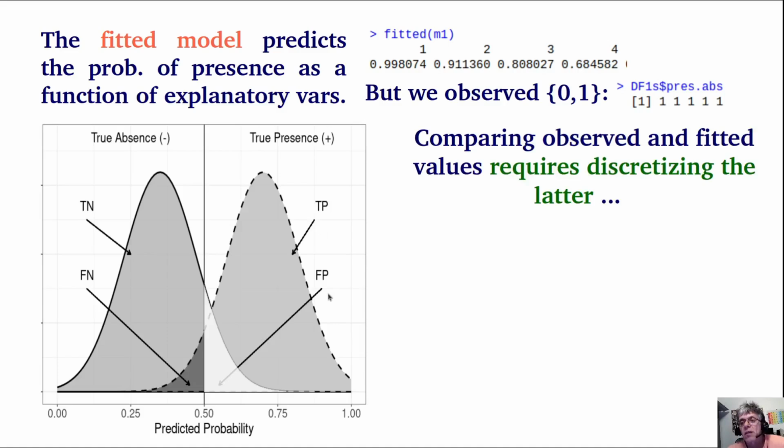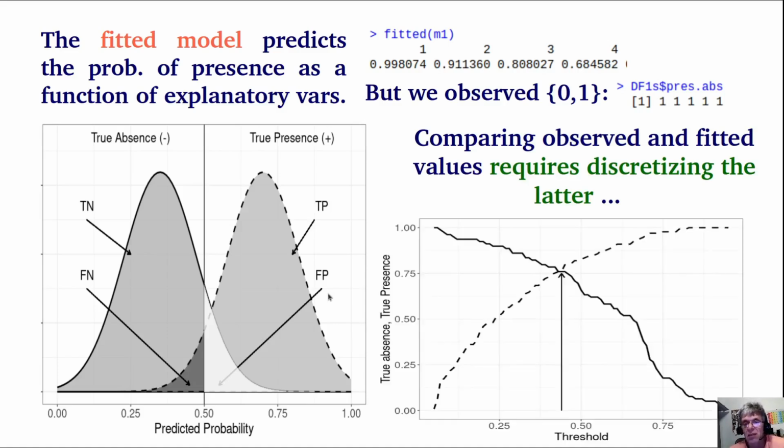So comparing the observed and the fitted values requires discretizing the latter. This is a plot that shows how the true absences in dashed lines and the true presences in continuous lines, these probabilities, change depending on how we move the threshold from the lowest to the highest possible value.